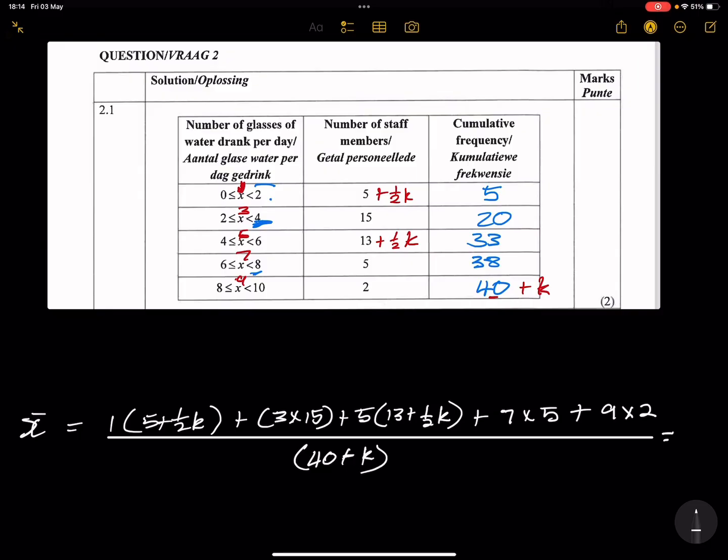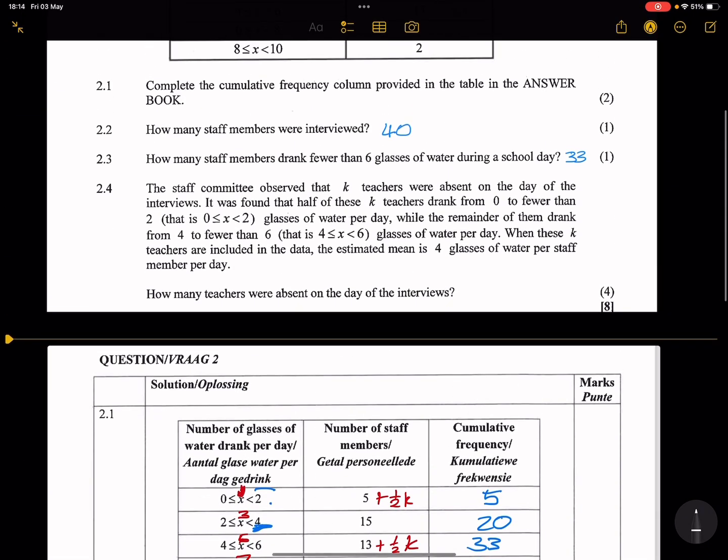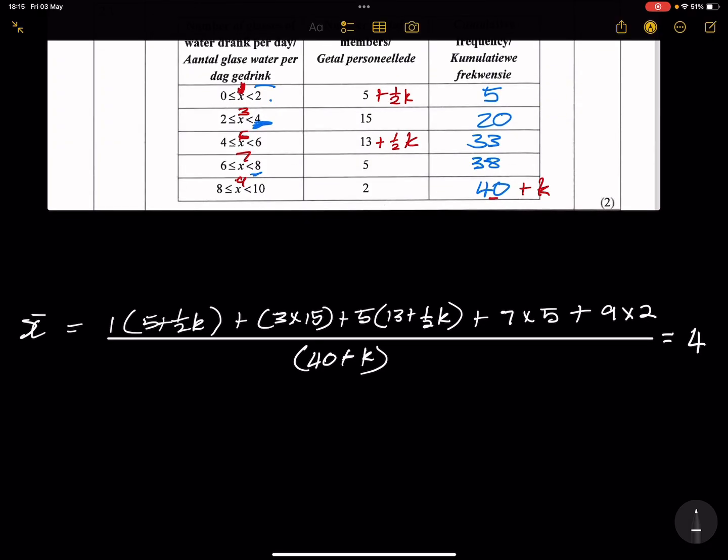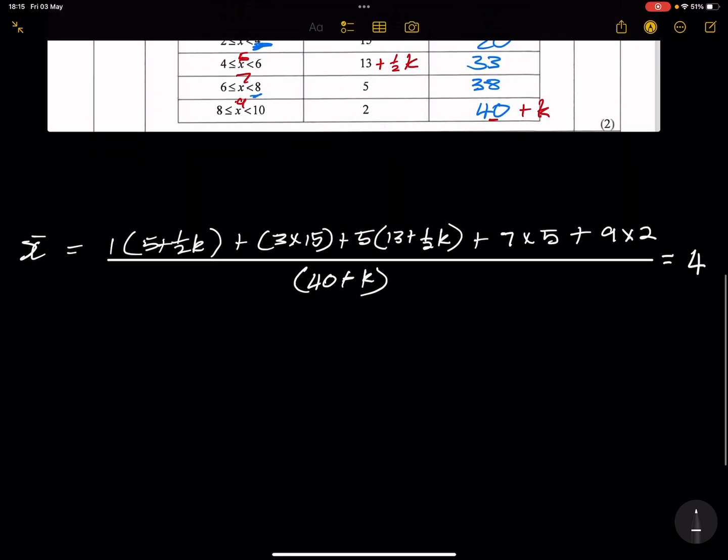Remember, they said to us the estimated mean is 4. That's 4 classes per staff member. So all that we need to do is solve this as much as we possibly can. So I'm going to say 4 over 1.